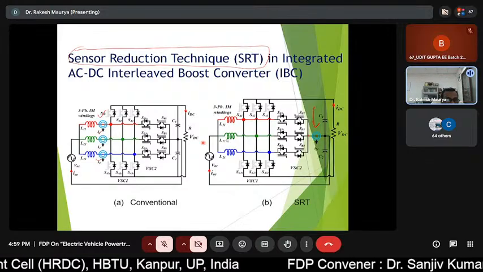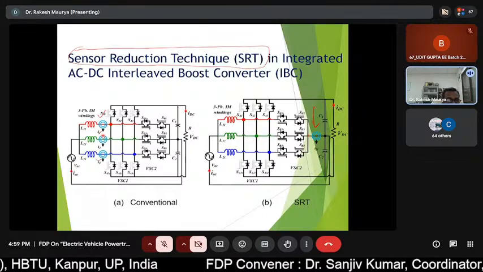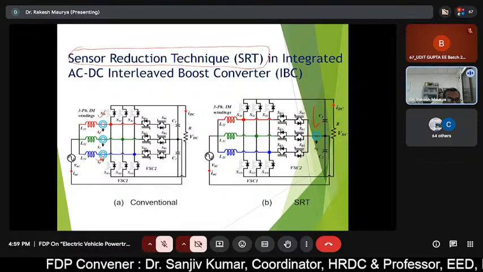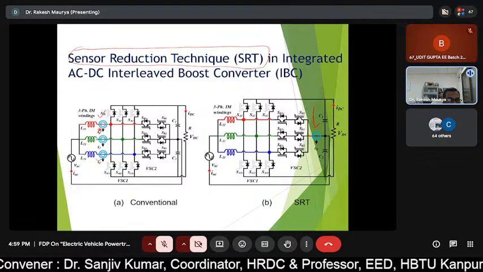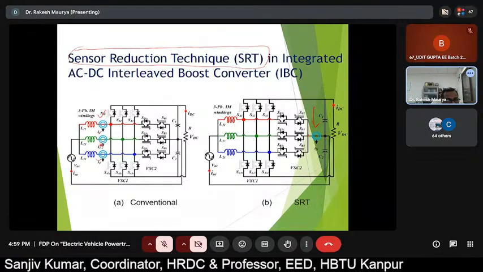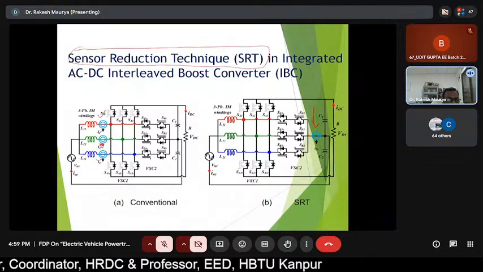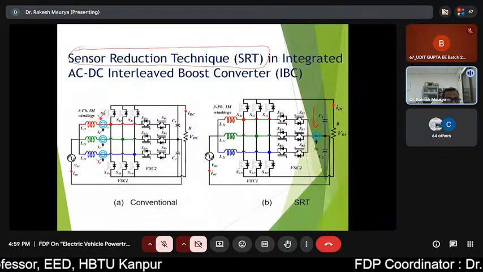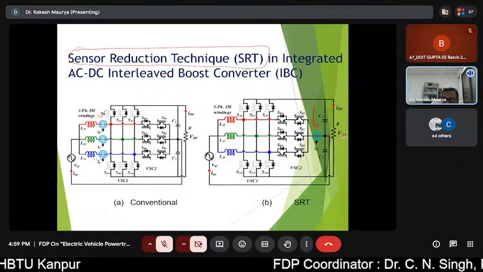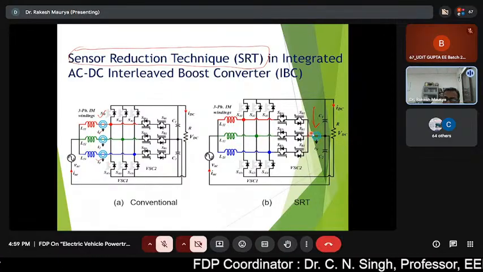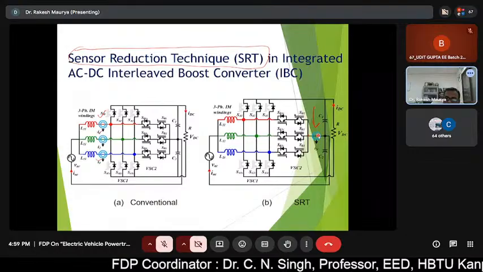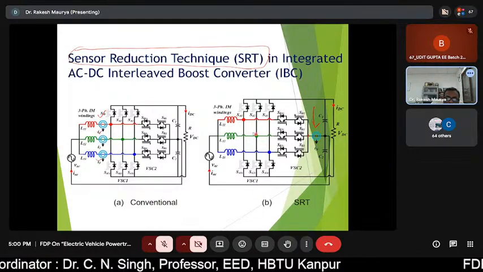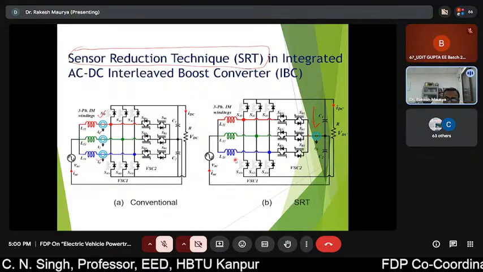Here the motor sensor reduction is possible. In the actual running condition you require 3 current sensors to sense the motor winding currents, and they are required for the current control of each machine. Can we replace this by a single current sensor? We can incorporate a single current sensor at this particular node, and by knowing this current we can reconstruct our individual motor winding currents.